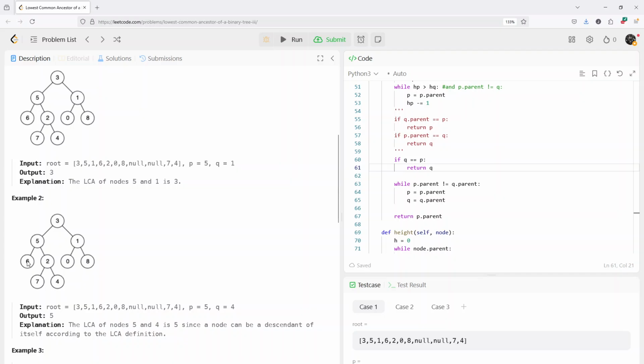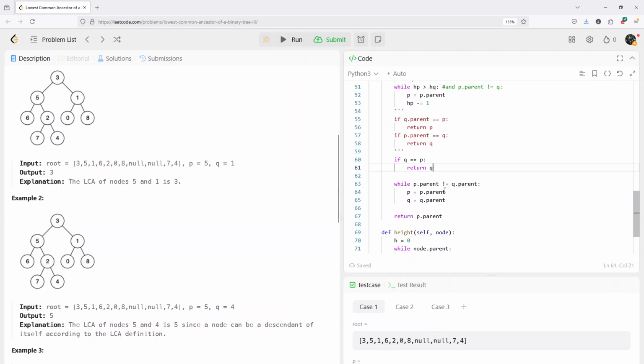Yeah, so in this case, like 6 and 2. So this is wrong, actually, because here, let's say you have 6 and 2. They're not equal to each other, but they're at the same height. So then here, while parent doesn't equal each other, in this case, their parents don't equal to each other, but no, their parents do equal to each other.